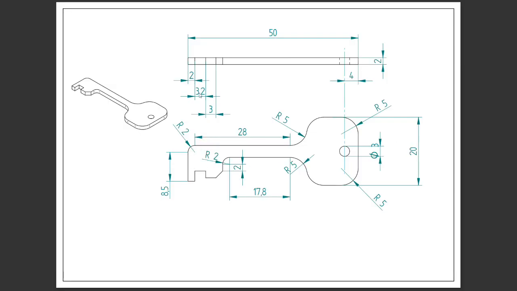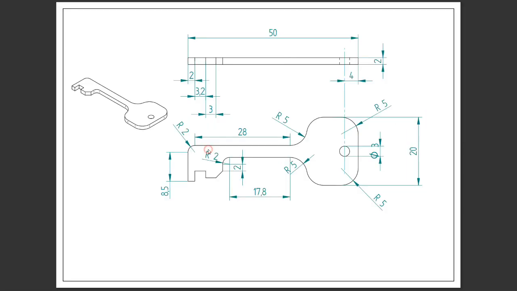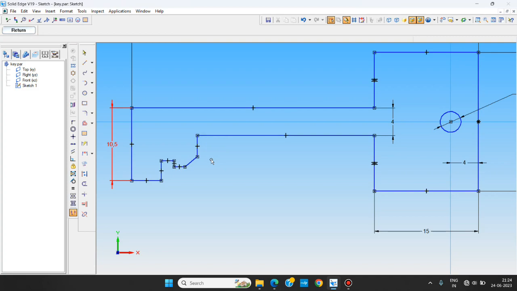According to the drawing, it is 2, 3.2, 3. Total 8.5 is shown and 2 is here. 8.5 plus 2, as I believe, will be 10.5. Here it is 2 mm and there is an R2 radius, so that will be a total of 4 mm.